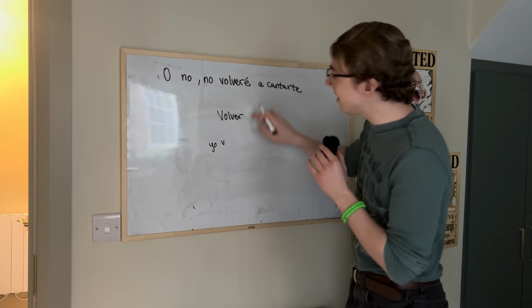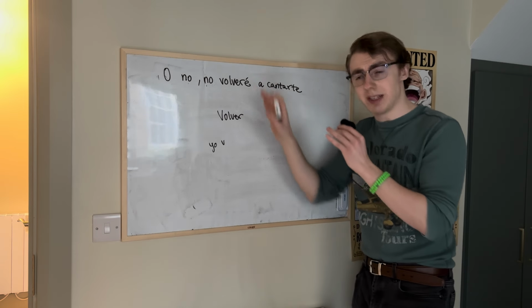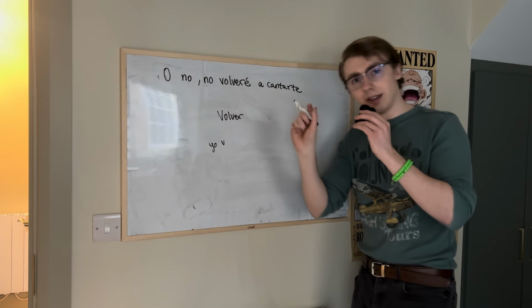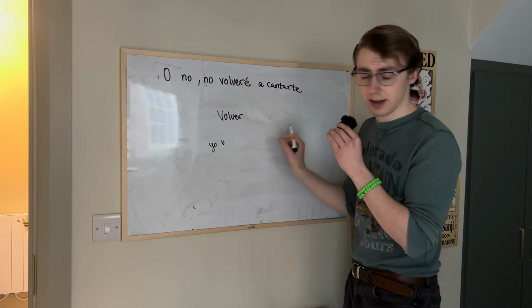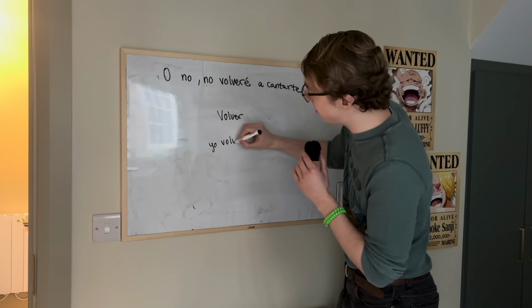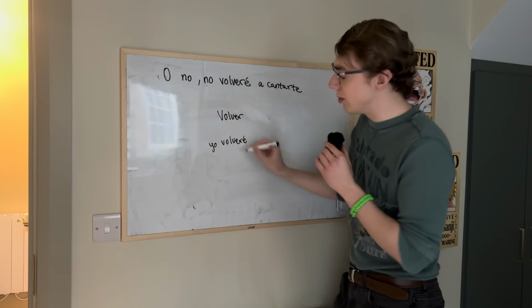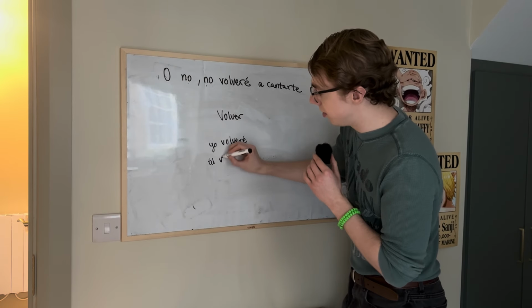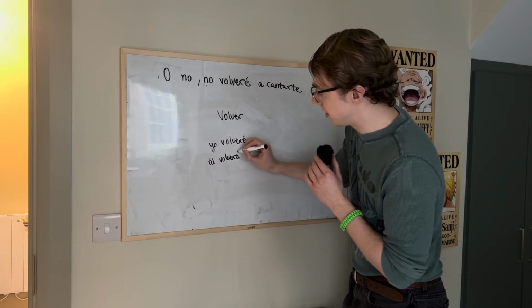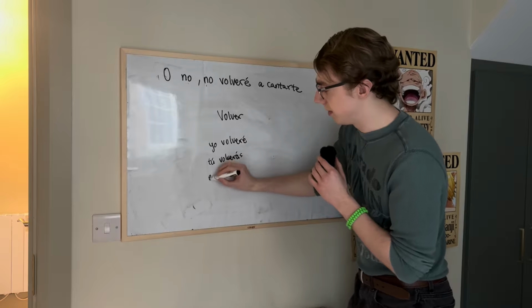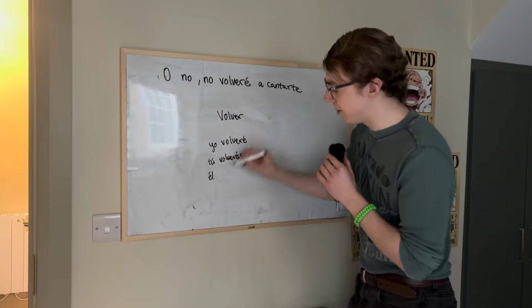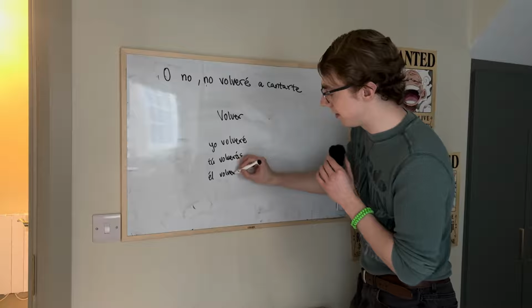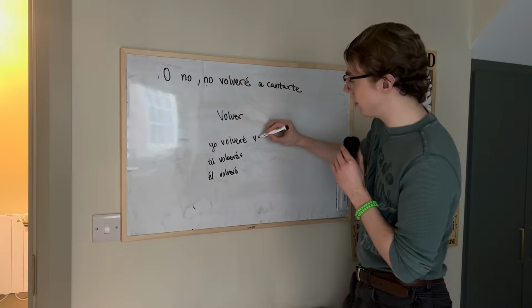You just take this verb and you don't change the base form. You leave that. You're just going to tack on an ending after the fact. So for I, yo volveré. I will return. Tú volverás. You will return. Él or ella or whatever, volverá. Volveremos, we will return.